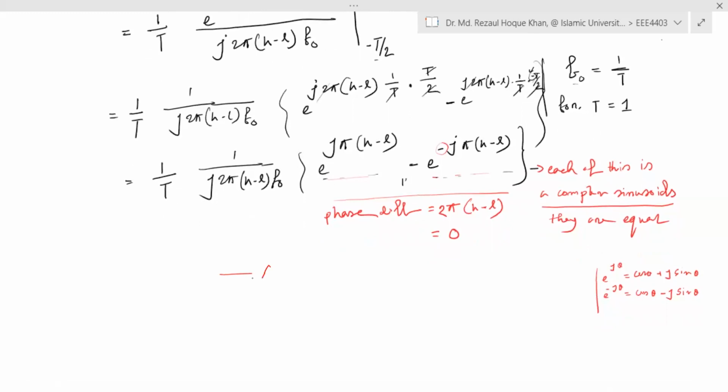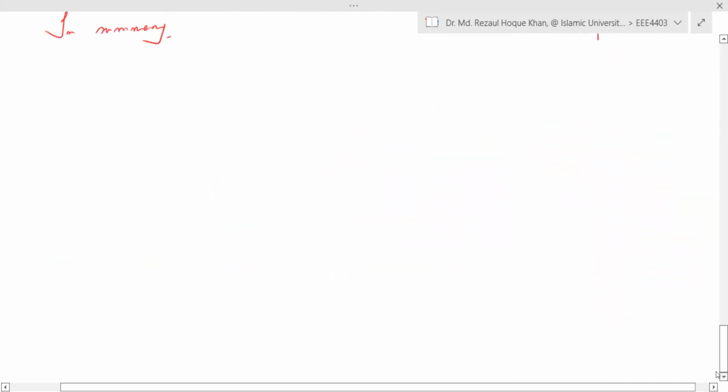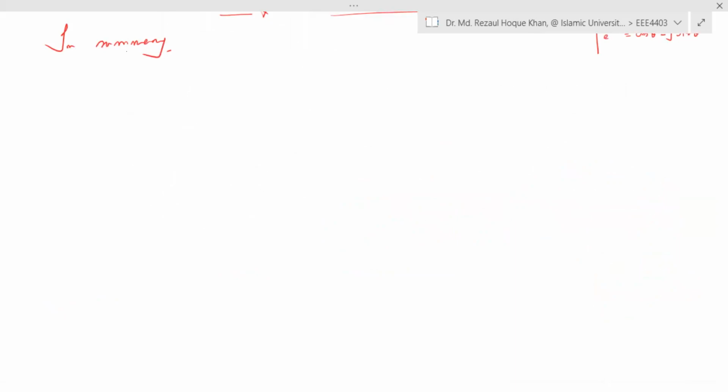So in summary, if I summarize this result, we can write that if k not equal to l, then 1 by T integral from minus T by 2 to T by 2 of e to the power j 2 pi (k minus l) f0 t dt is actually 0, right?